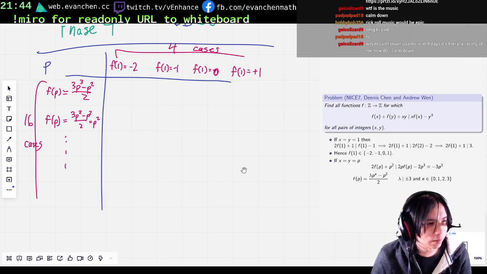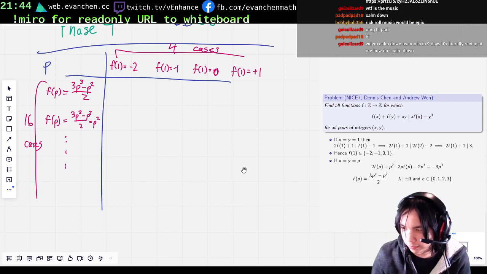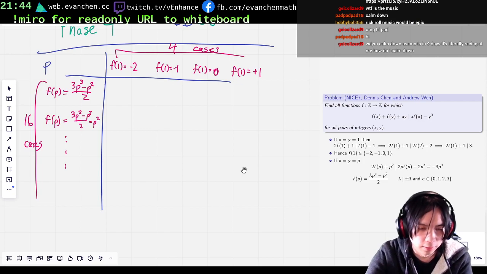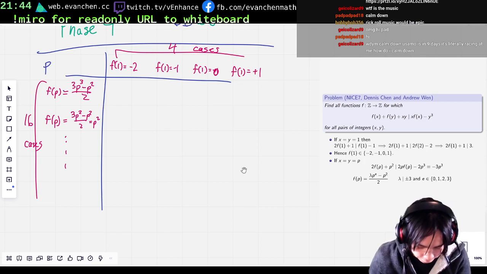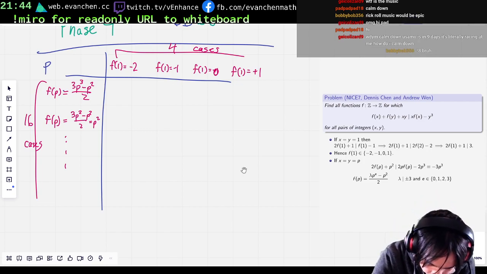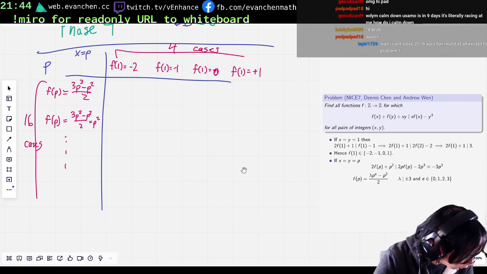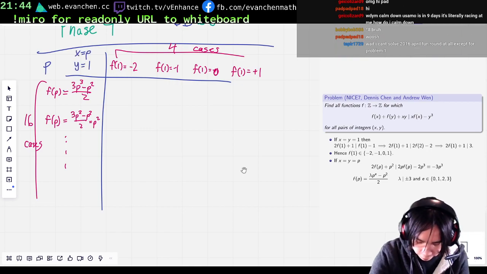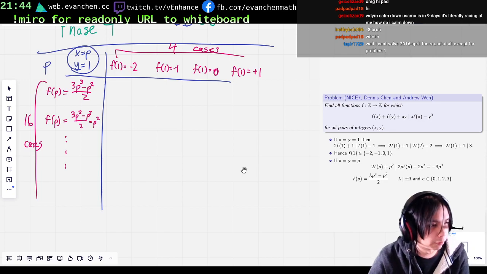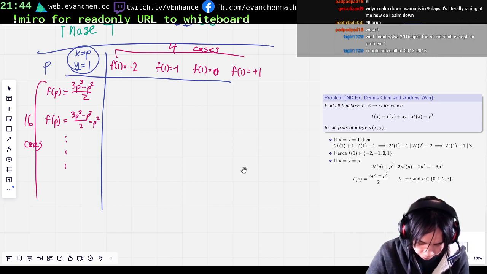And each of these cells gives you a statement if I plug in. What we're going to do is plug in x equals p and y equals 1. When I do this, each cell of the table will correspond to some statement.